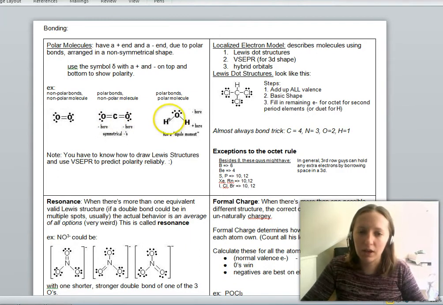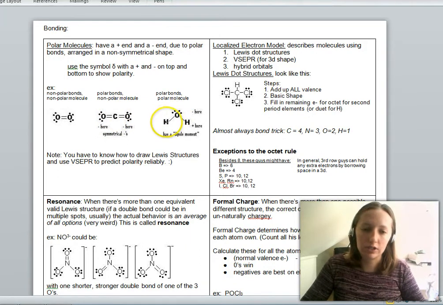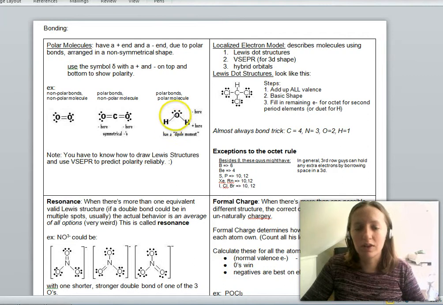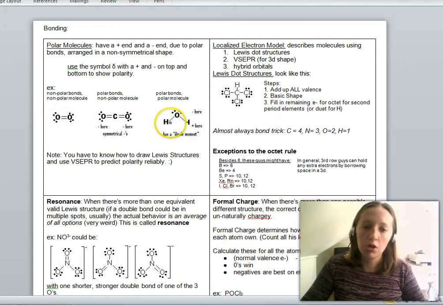Whereas this bond as well with the oxygen versus the hydrogen exhibits the same thing, where oxygen has pretty strong electronegativity, and so it sucks a lot of the electron presence over towards itself in this bond. So hydrogen doesn't have much time spent near electrons, so it ends up having a slightly positive charge, and oxygen has a slightly negative charge.